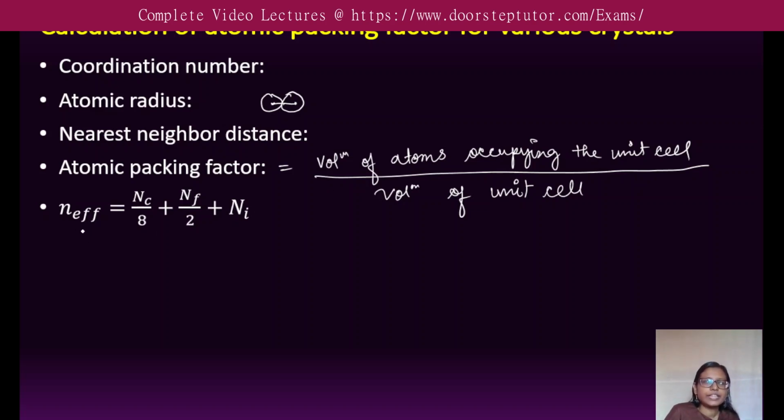Next, the effective number of atoms. In three-dimensional lattices, let's say we consider the simple cubic crystal. Atoms are placed at the corners of the cube.